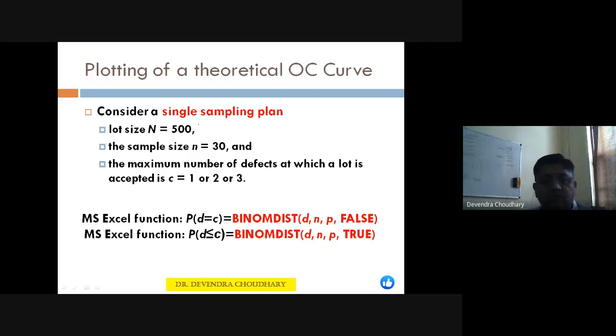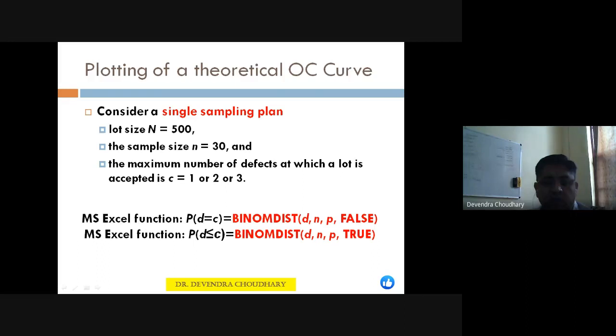Here we consider a single sampling plan where lot size is 500 and sample size is 30. So here lot size is more than 10 times the sample size. So we will use binomial distribution to calculate the probabilities of acceptance when acceptance number is 1, 2 or 3.